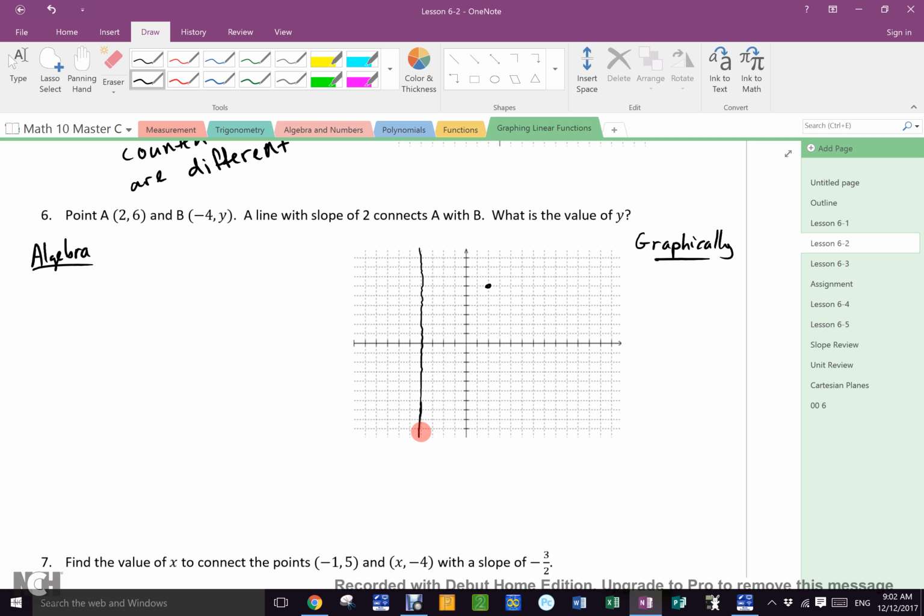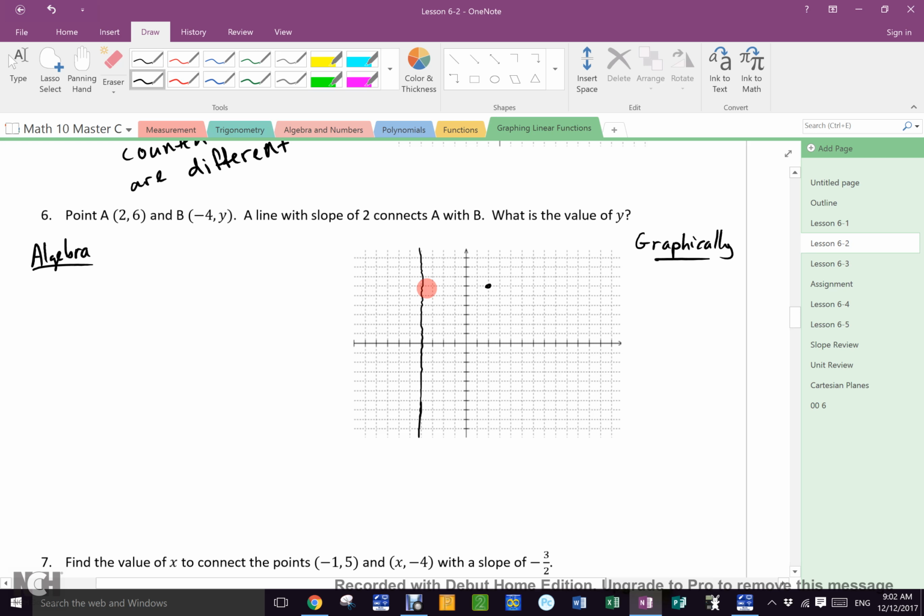What else do I know about this situation? Read the whole question. I got a slope of 2, yes? Positive or -2? Positive. So I got to get from this point over to here and keep a positive slope of 2. Since I'm going left, my runs are going to be negative, aren't they?